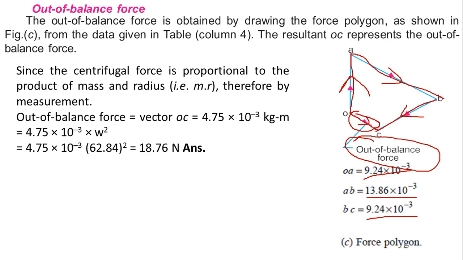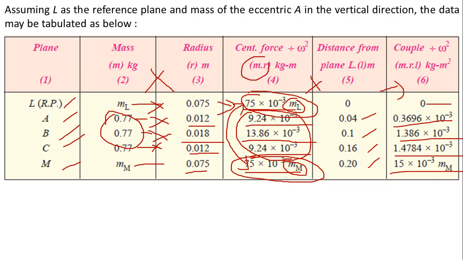This OC you need to measure. By measurement, OC is 4.75 into 10 to the power minus 3 kg meter. These values are taken in the form of m into r, not divided by omega square.